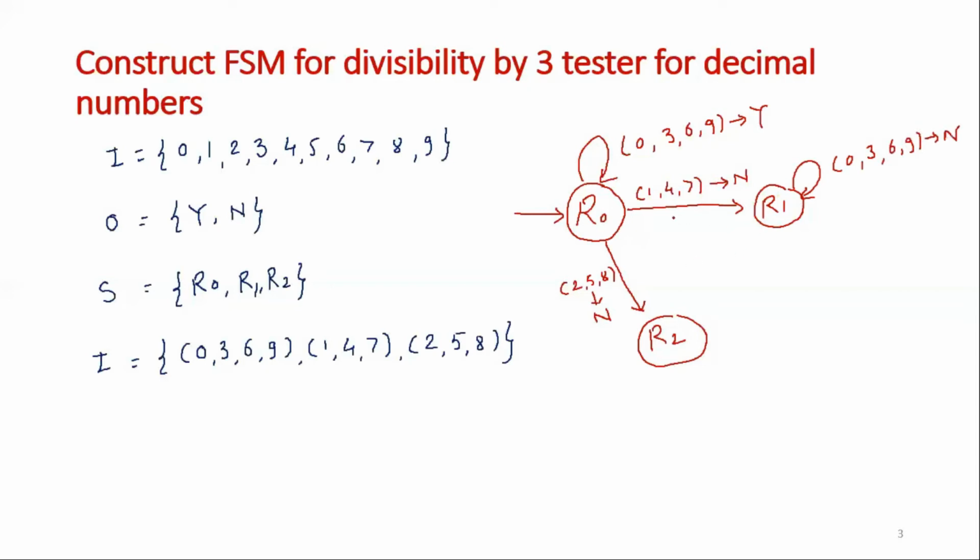Then in R1, if I get input as 147, my number will be 2, 5 and 8, and if I divide that by 3, I'll get remainder as 2.